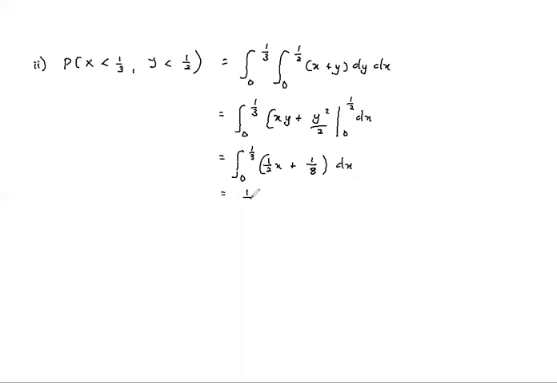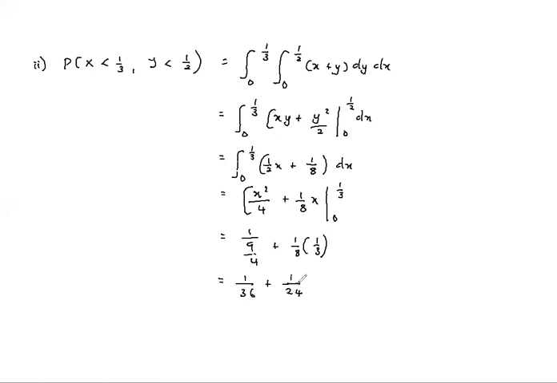Then we integrate again, we get x squared over 4 plus 1 over 8 x. And here from 0 to 1 over 3. So we have 1 over 9 over 4 plus 1 over 8 by 1 over 3. So what we get is 1 over 36 plus 1 over 24 minus 0.